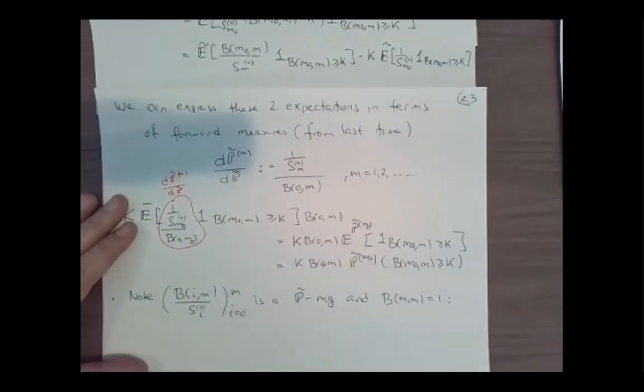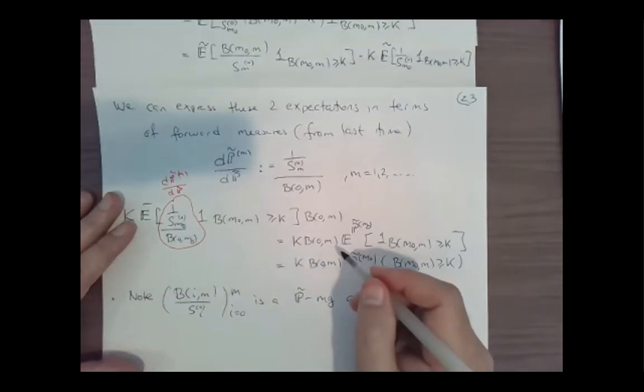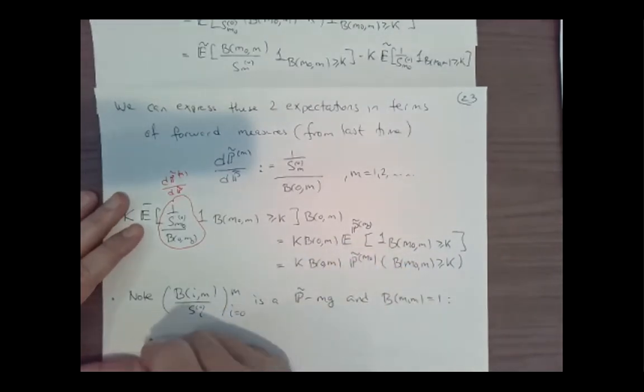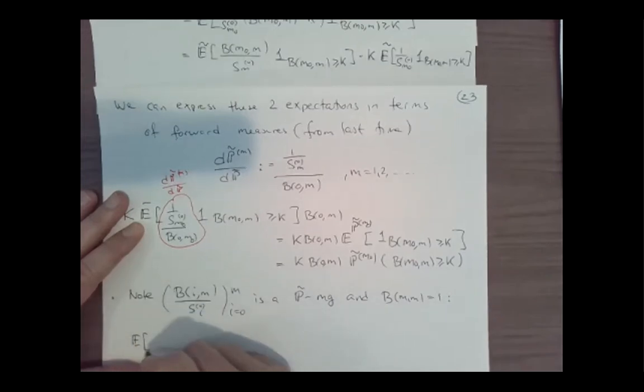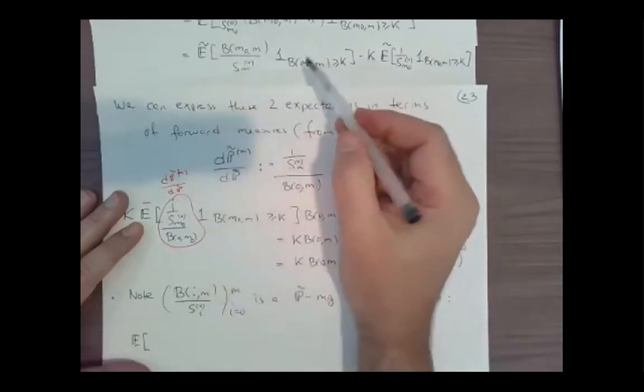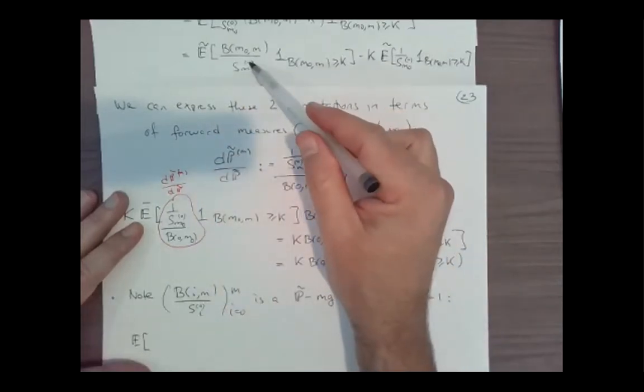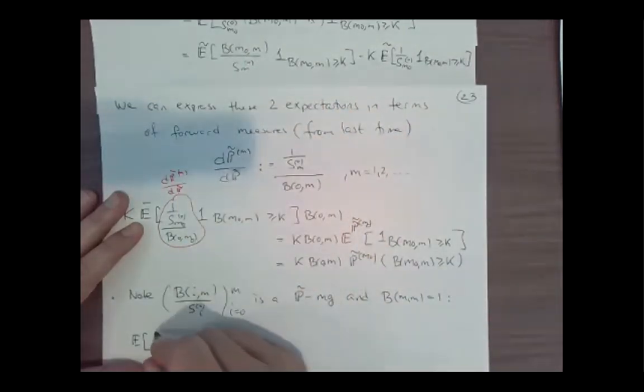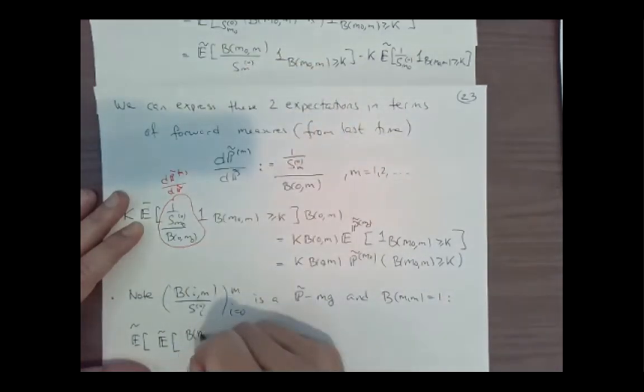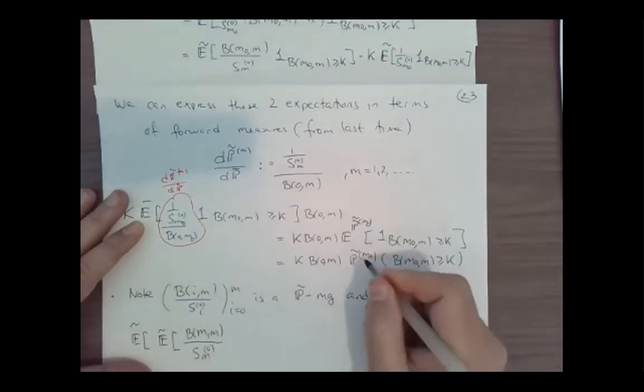So I'll use iterated expectations. Okay, so let's try to work out what this is. I know it's a martingale, so what I can do is put in an extra expectation. So I'll write here B, and then I'll write M and M divided by SM0.